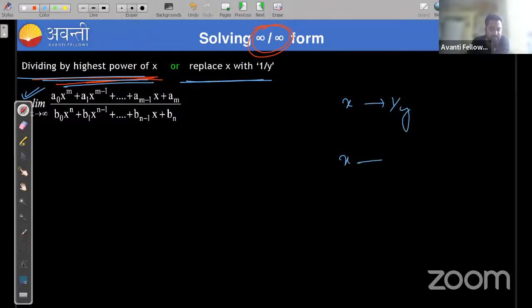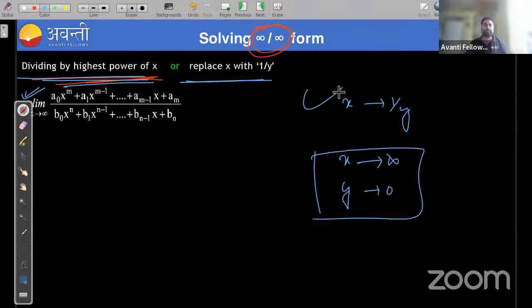Like if x is tending to infinity, then y is tending to 0. So we can replace x as 1 by y here.